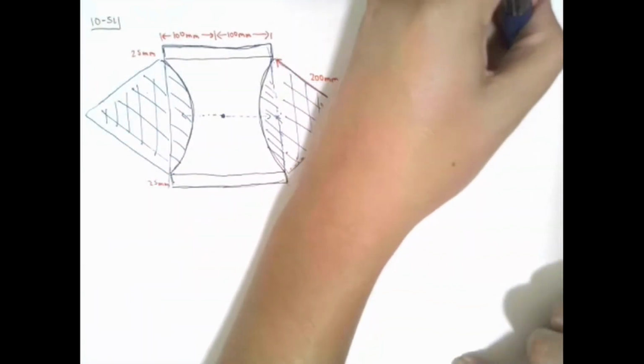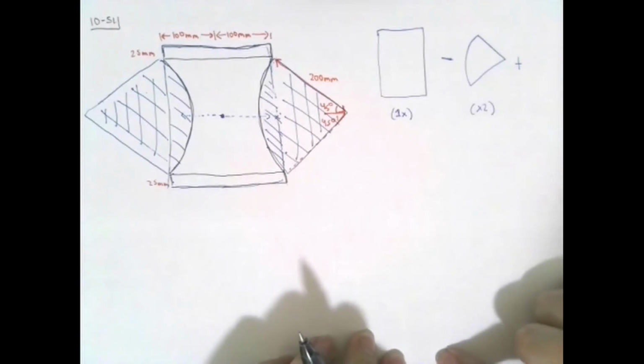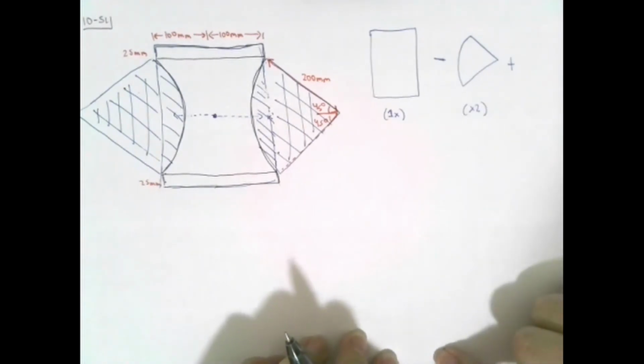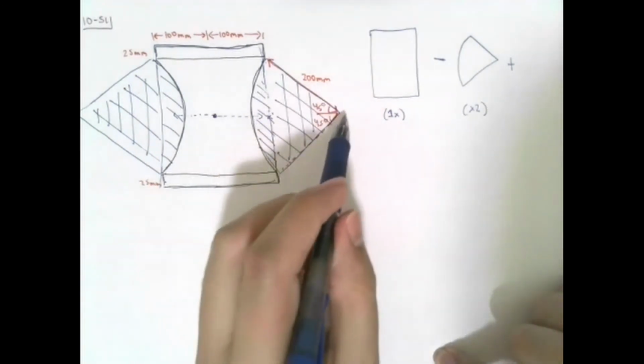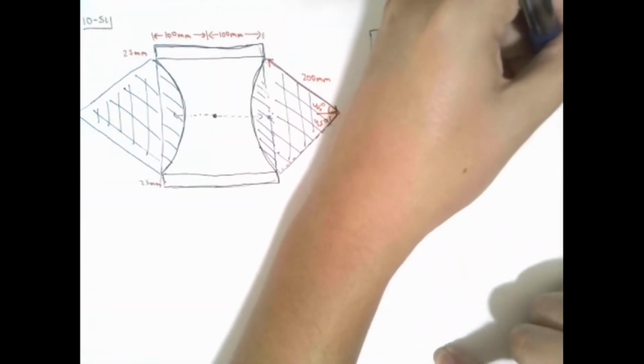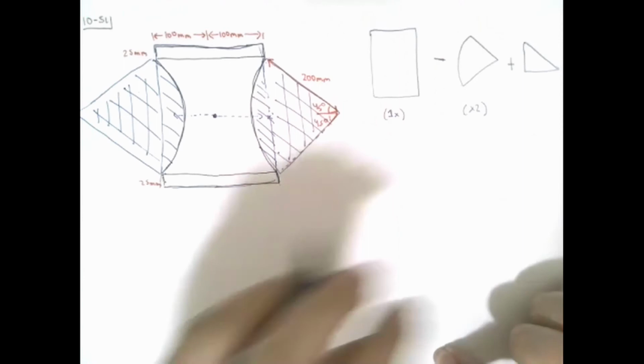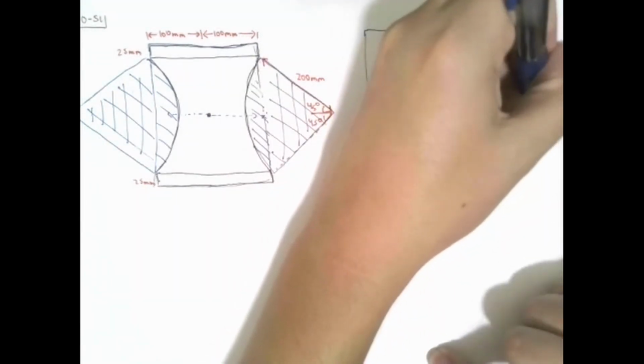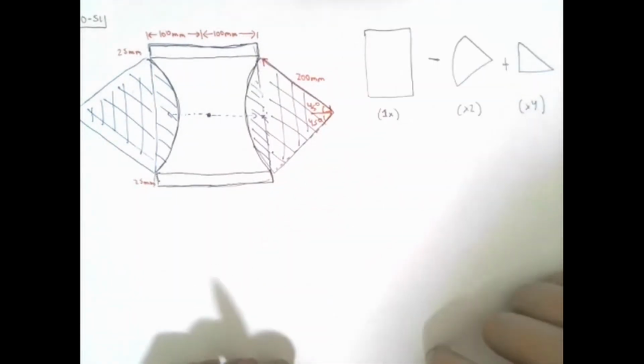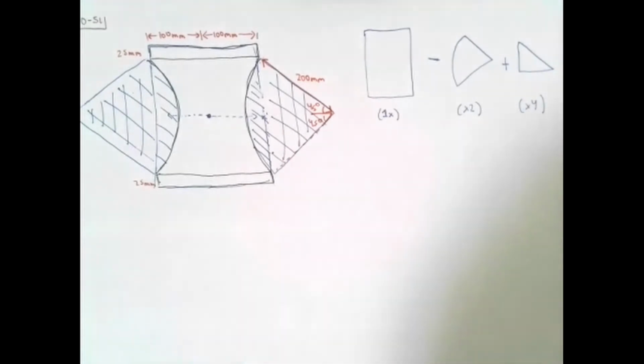Now, your book actually gives you centroidal moments of inertia if the base is parallel to that centroidal axis. So because the triangles are symmetrical, we can add the moment of inertia for 4 of these triangles. All right? I think that's a good way of splitting this up.